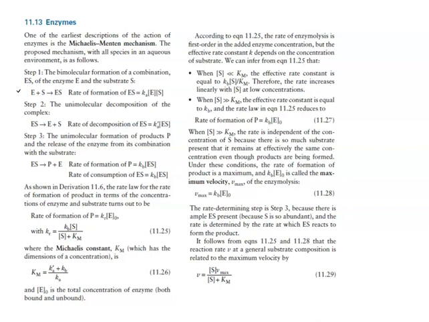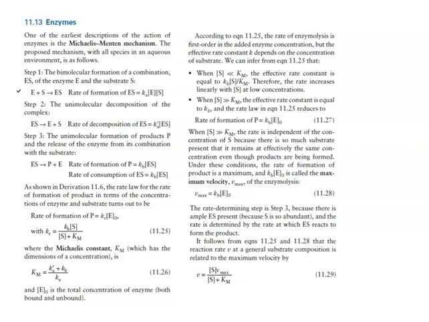This can be described where the rate of formation of P equals k_b times the concentration of the enzyme-substrate complex, or alternatively, the rate of consumption of the enzyme-substrate complex can equal k_b times [ES].